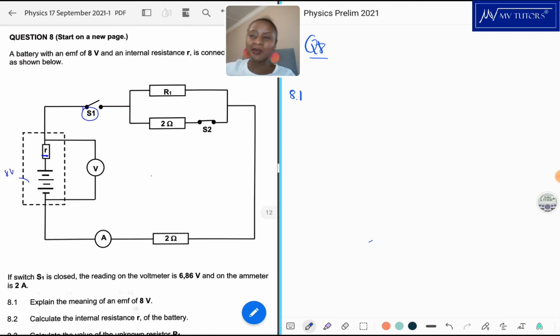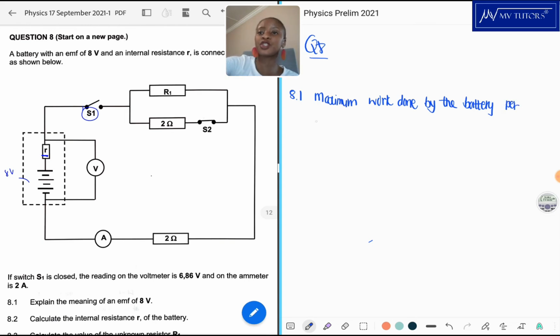The one that's more correct is to say that the maximum work done by the battery per unit charge is 8 volts.